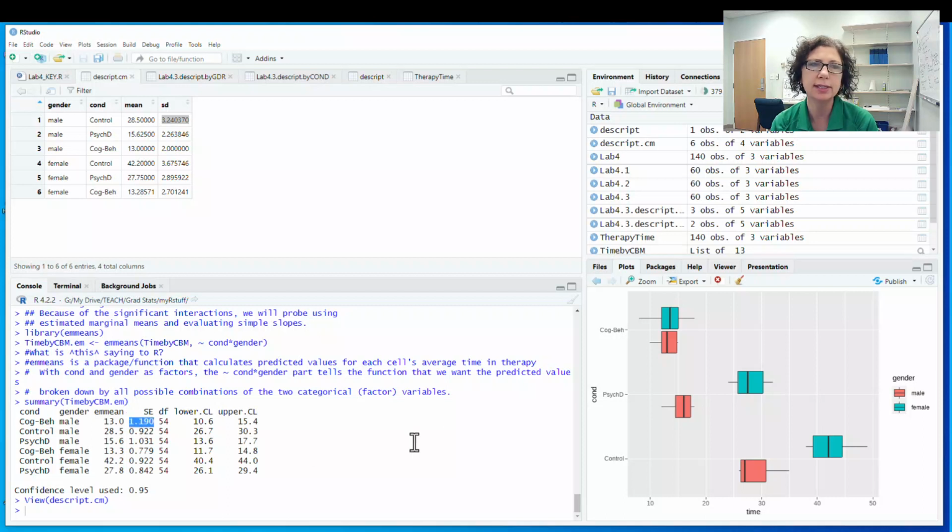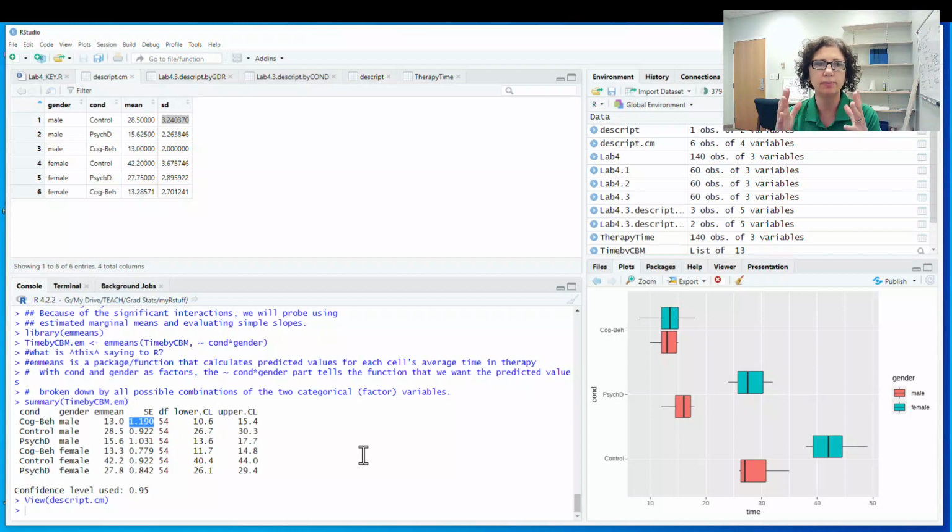It's very similar to standard deviation, but because we are estimating the potential average time in therapy for this condition of cognitive behavioral when male, this is an estimate. The standard error of the estimate is kind of like a confidence interval, right?